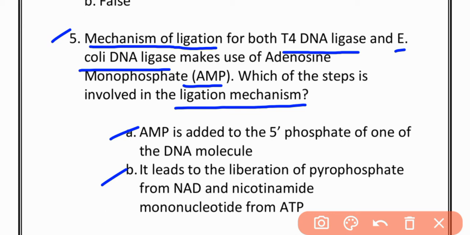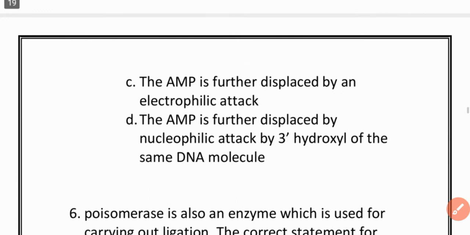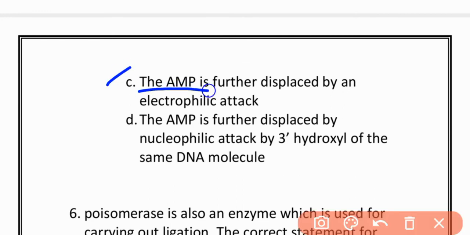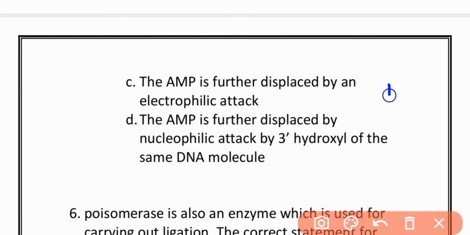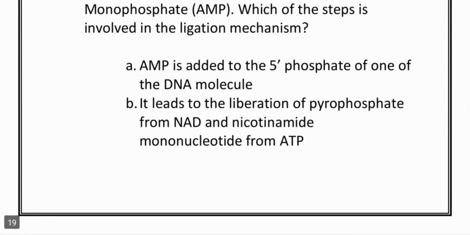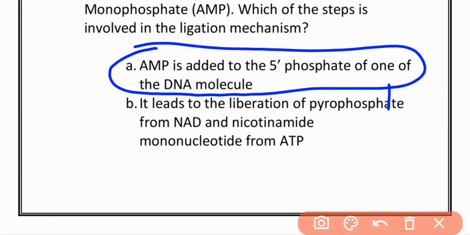C, the AMP is further displaced by an electrophilic attack. D, the AMP is further displaced by nucleophilic attack by 3' hydroxyl of the same DNA molecule. The correct option is option A. AMP is added to 5' phosphate of one of the DNA molecules.